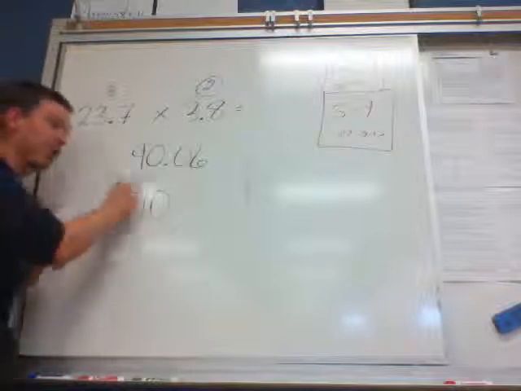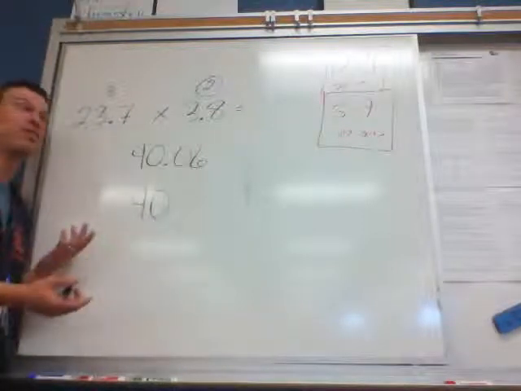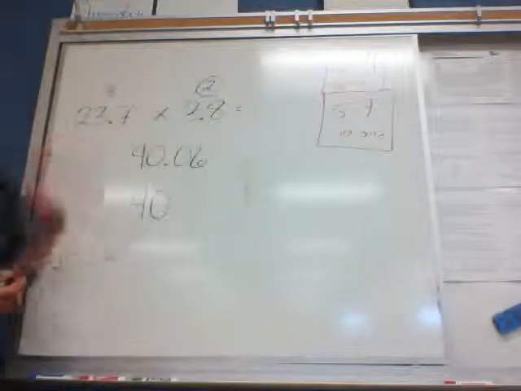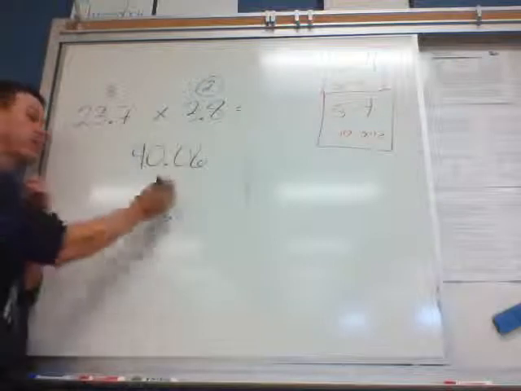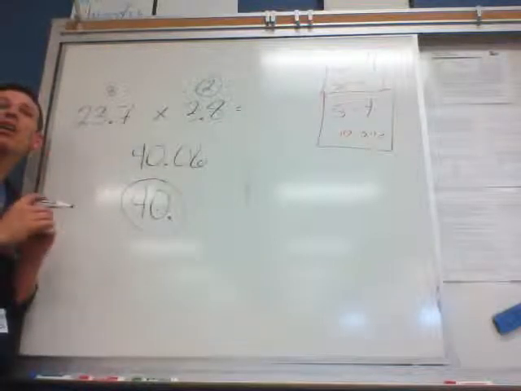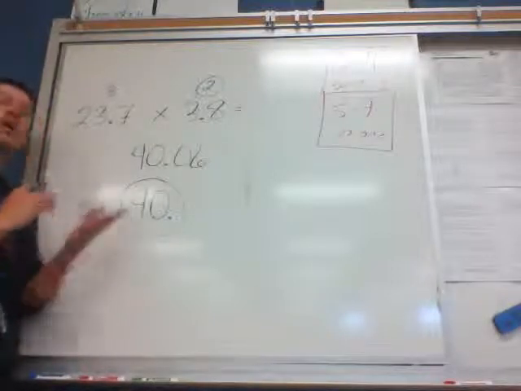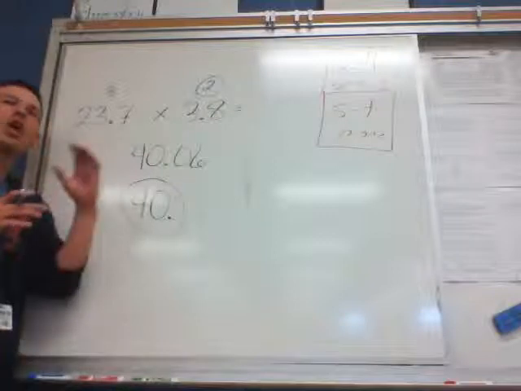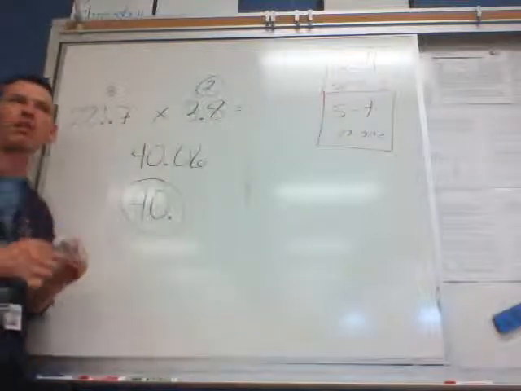The way it's written, there's only 1 sig fig, because that 0 is not significant, and we don't want 1 sig fig. We want 2. Now there's 2 sig figs, because there's a decimal present. The rule to keep in mind, if that just freaks you out, is if your final answer ends in a 0, go back and double check and make sure that everything is lining up and square.